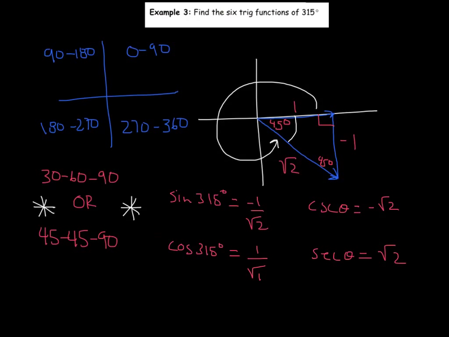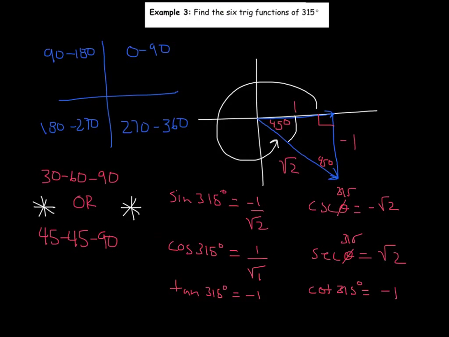And then we have the tangent of 315, and that's just going to be -1 because it's going to be opposite over adjacent. And then the cotangent is going to be the flip of that, and these should all be 315, and that's going to be -1 as well.